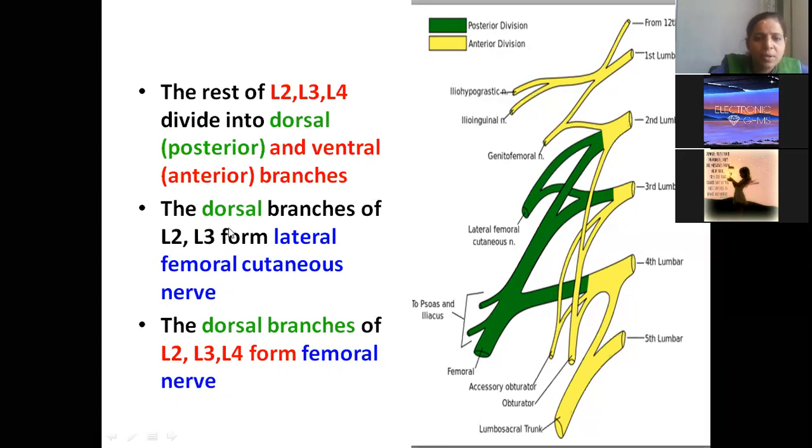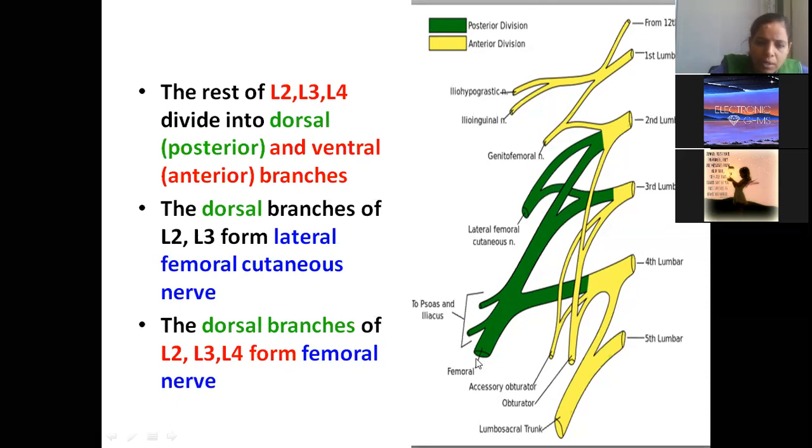The dorsal branches, that means the posterior branches of L2, L3, they are joining to form which nerve? Lateral femoral cutaneous nerve.